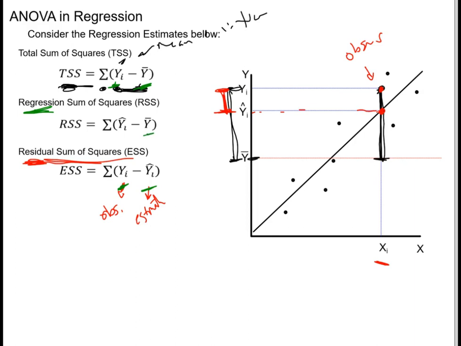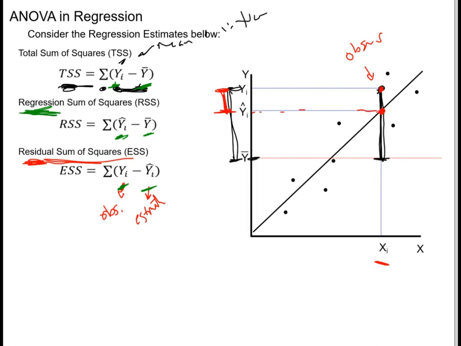We're using the overall estimated average y, and the estimated value of what y should be based on the model. This is such a strange thing to put into words, right?